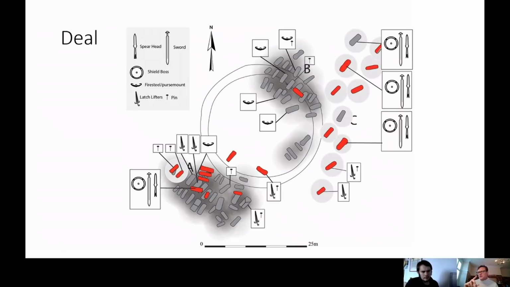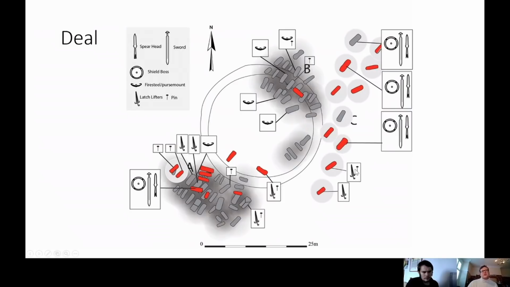And they're chronologically comparable. So deliberately trying to separate two groups that are contemporary and bury their dead separately in those spaces. And what's interesting is that those groups have slightly different material culture in them. In the north group, we've got more fire steels. In the south group, we've got more pins and girdle hangers. So there seems to be a slightly different tradition taking place in each burial.